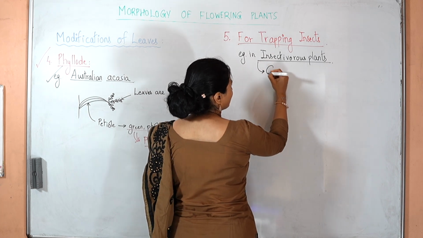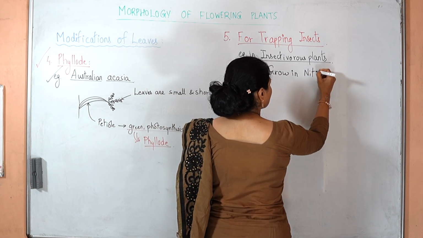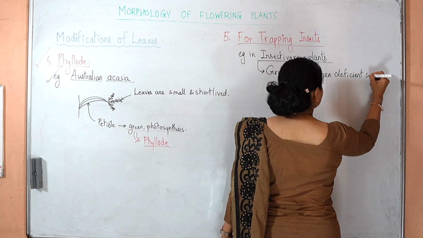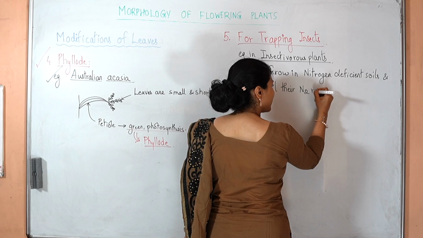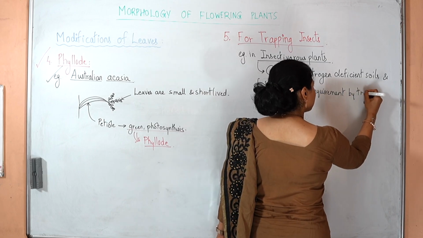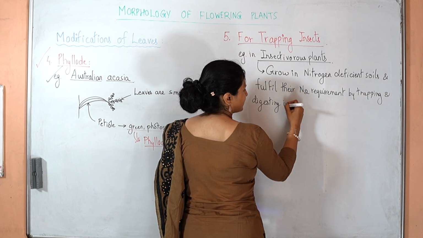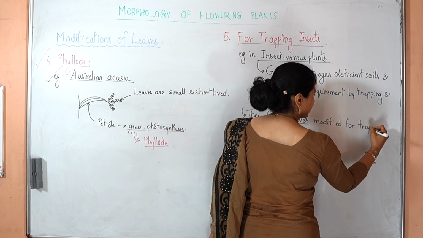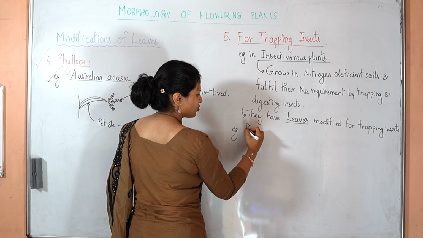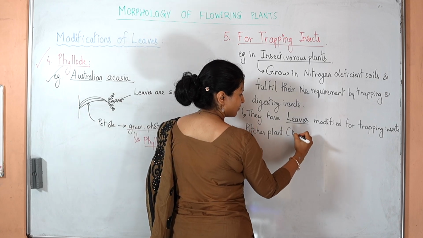Insectivorous plants grow in nitrogen deficient soils and fulfill their nitrogen requirement by trapping and digesting insects. They have leaves modified for trapping insects. For example, pitcher plant, scientific name is Nepenthes.